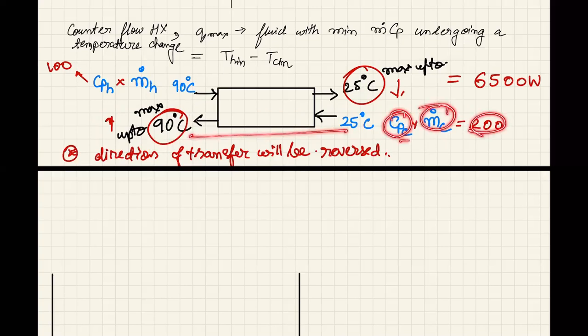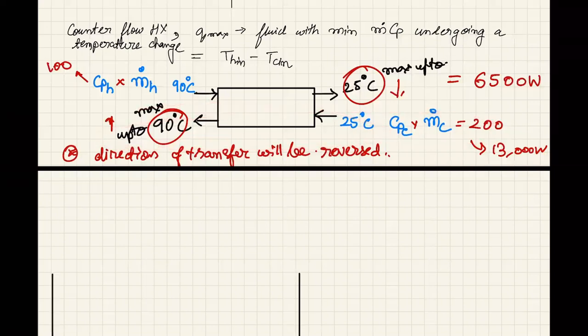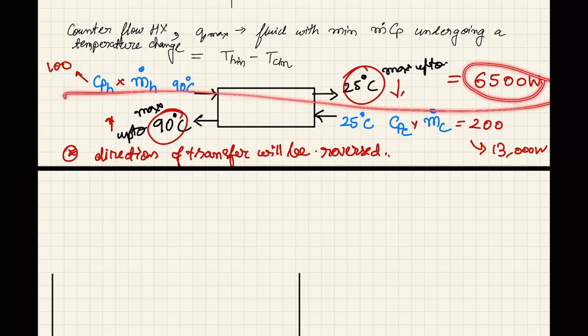So 200 into 65, which comes out to be 13,000 watts. Now think logically. Can I write its Q max as 13,000 watts? This can give 13,000 watts of energy in this particular system, but does this stream have the capacity to absorb 13,000 watts? Can this particular stream absorb 13,000 watts? No, this can only exchange 6,500 watts in the given arrangement.